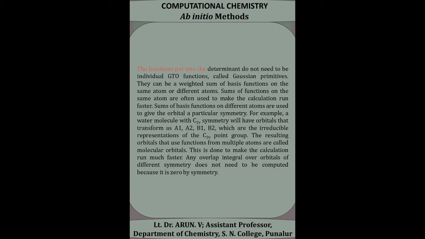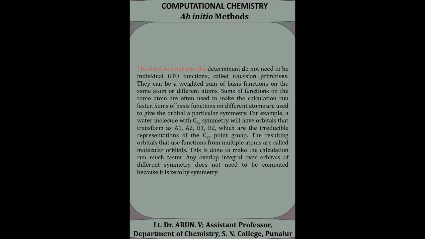For example, a water molecule with C2v symmetry will have orbitals that transform as A1, A2, B1, B2, which are the irreducible representations of the C2v point group. The resulting orbitals that use functions from multiple atoms are called molecular orbitals. This is done to make the calculation run much faster.